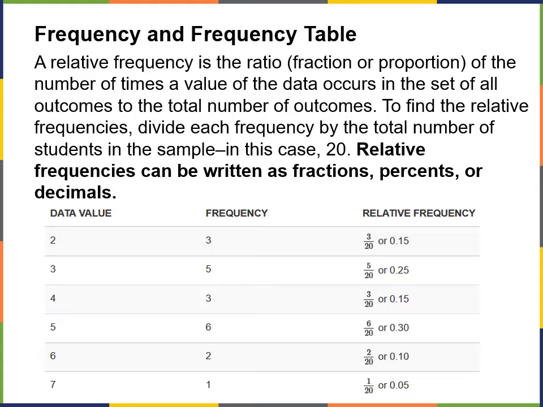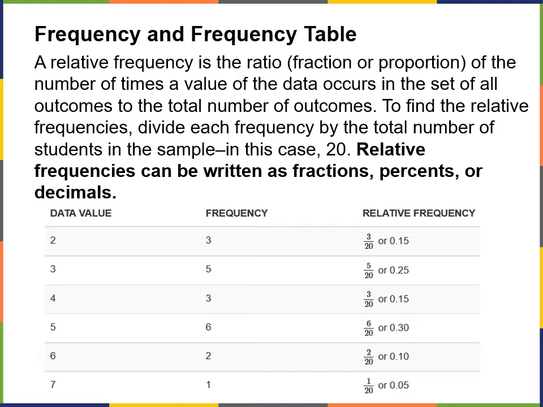We can take that frequency table and convert it into what we call a relative frequency table, which converts it into decimal versions of a percent. It's sort of the part over the whole, and it tells you how many times something occurred relative to the entire group, and that's why they call it the relative frequency table.